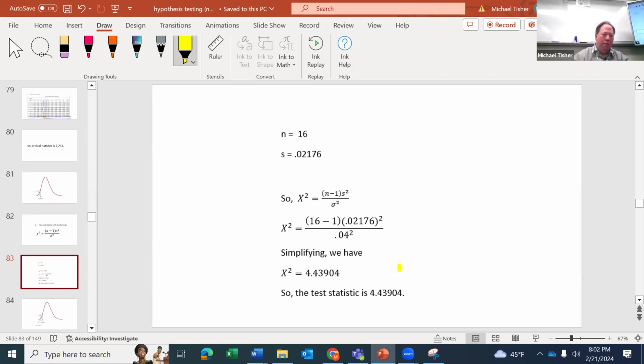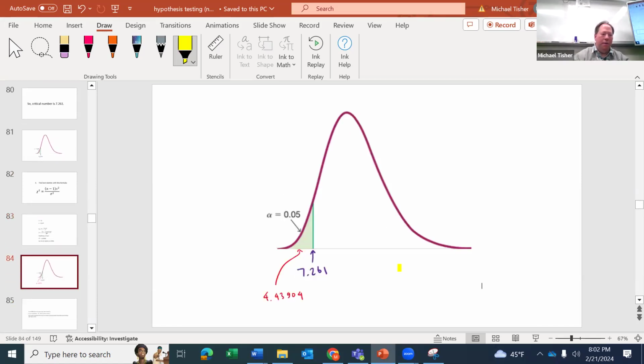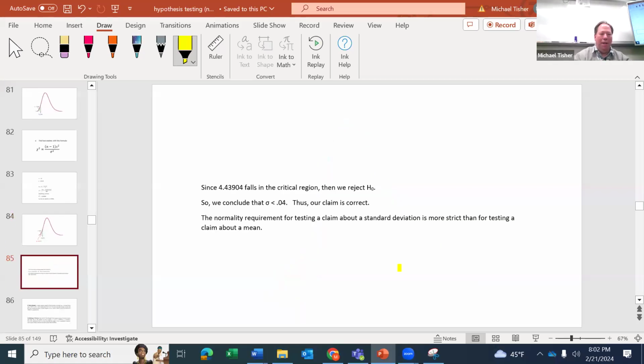And you get 4.4394. You label that on a picture, and that's going to be in the, do you think that's the critical or the non-critical area? Or the 4.4394 is? Critical, probably, right? And it is, okay?